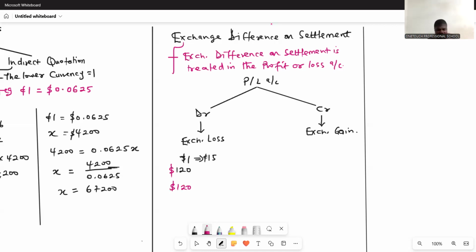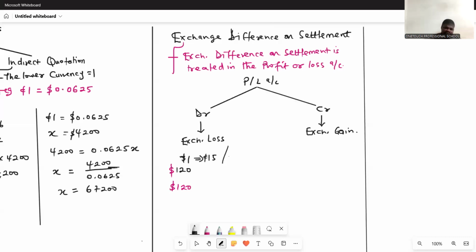Have I made a gain or a loss? You've made a gain. Good. Onetouch gave tuition on credit to a Liberian student for $120. The rate was $1 to 15 cedis.